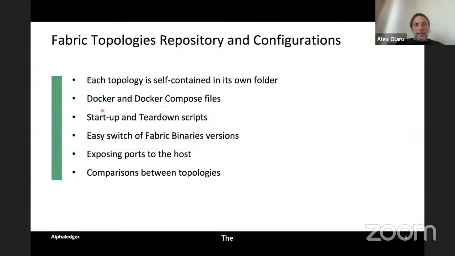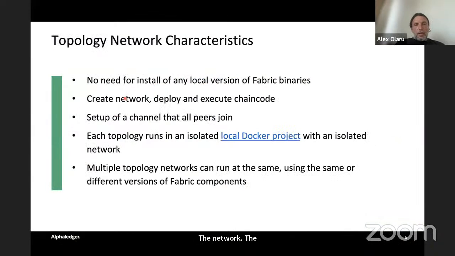The network is composed of the network itself, all the nodes, orderers, peers, Fabric CAs, and things of that nature, but also deployment of a chain code, and then the execution of the chain code at the end. Because we want to make sure that the network is running fine, that's why we deploy and execute chain code at the end. What we saw at the very end was an invoke command to do a read of what the chain code wrote to the network.